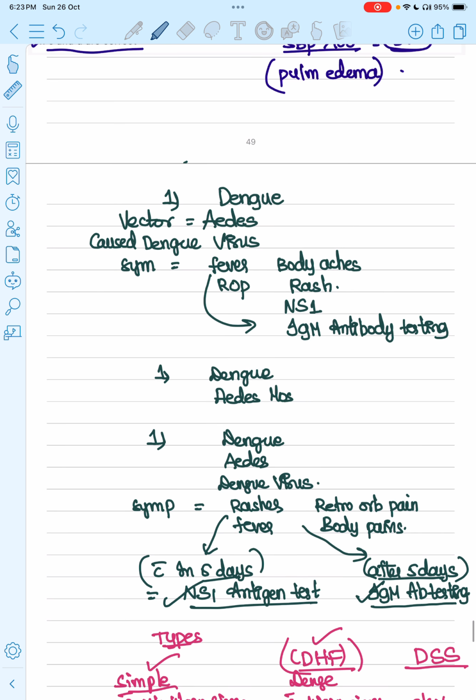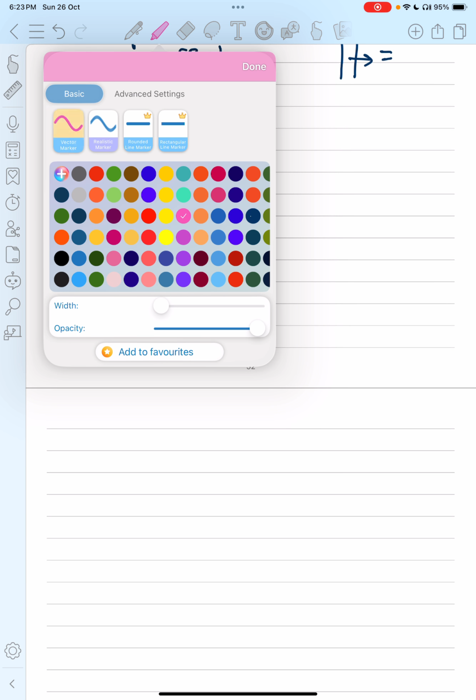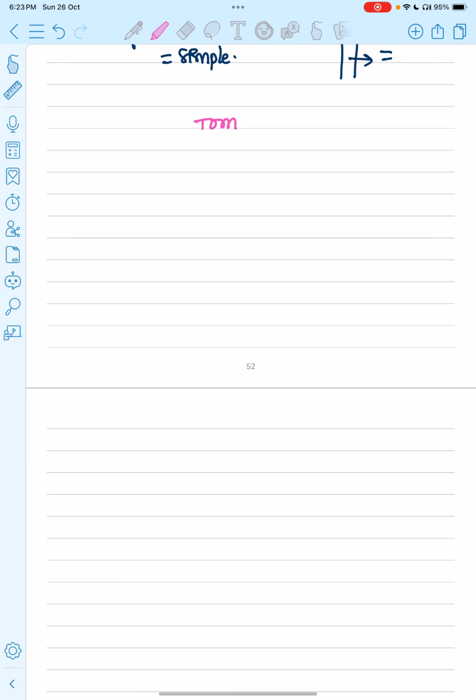And there are certain tests like the tourniquet test. It is useful in differentiating simple dengue versus dengue hemorrhagic fever or dengue shock syndrome.